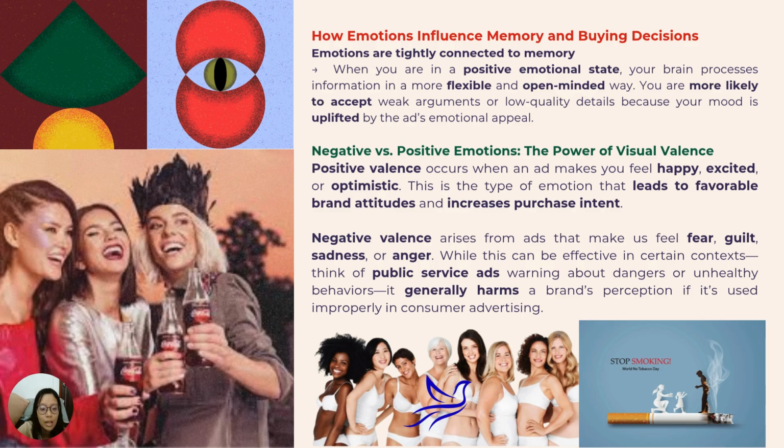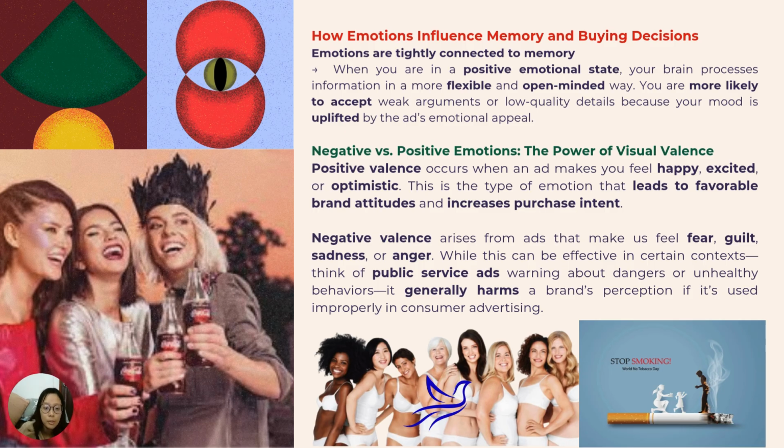So when Coca-Cola ads show a group of friends laughing together, sharing a drink, the positive mood leads you to think, oh, that looks fun. I want to be part of that. Even if the ad doesn't mention a product, ingredient, or feature, you're more likely to buy Coke because you're more emotional and attached to the ads, and it influences your buying decision.